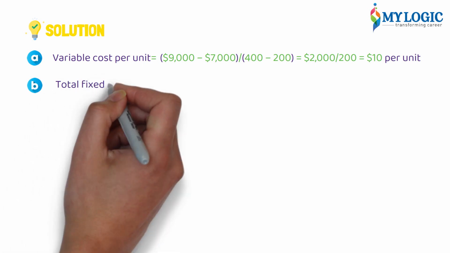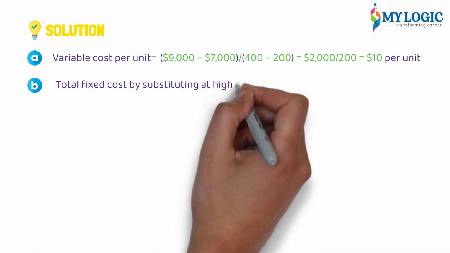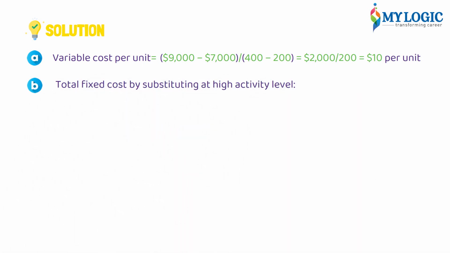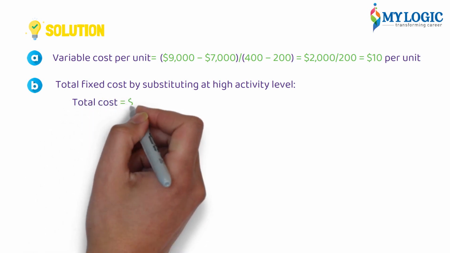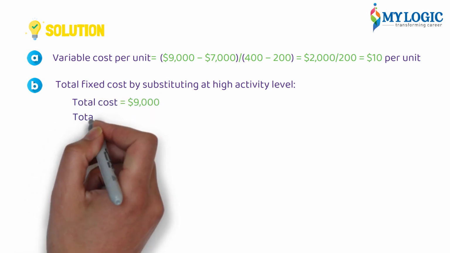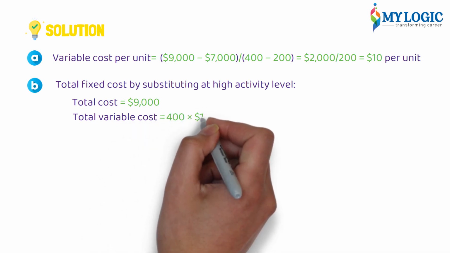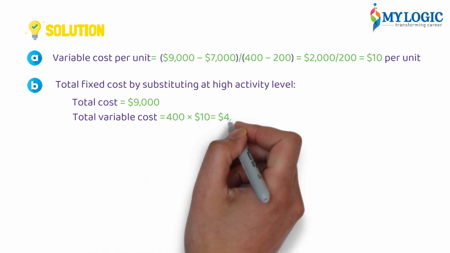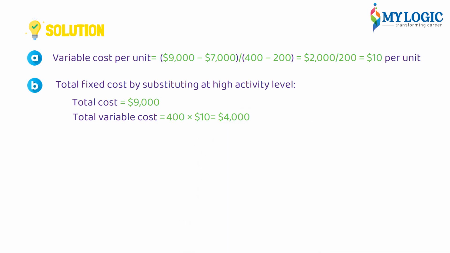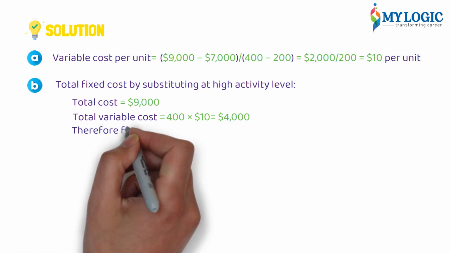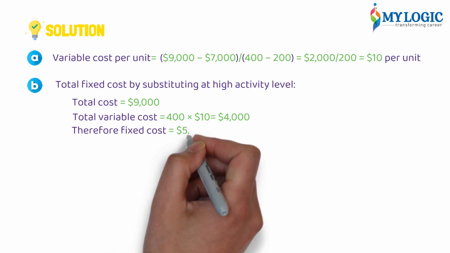B. Total fixed cost by substituting at high activity level. Total cost is equal to $9,000. Total variable cost is equal to 400 multiplied by $10, which is equal to $4,000. Therefore, fixed cost is equal to $5,000.